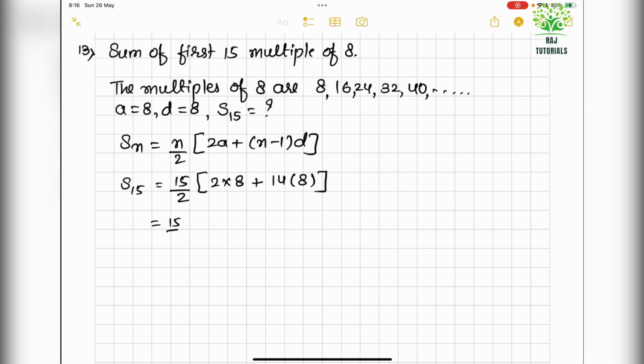So that will be 15 by 2 into 16 plus 112. So that is 15 into 128 by 2. So that will be 15 into 64. If I cut 128 by 2, that will be equal to 960.